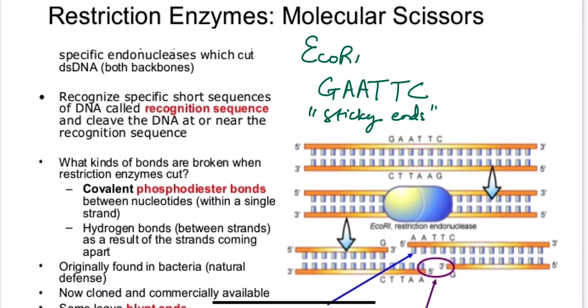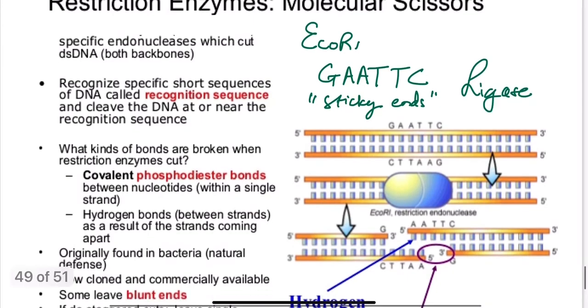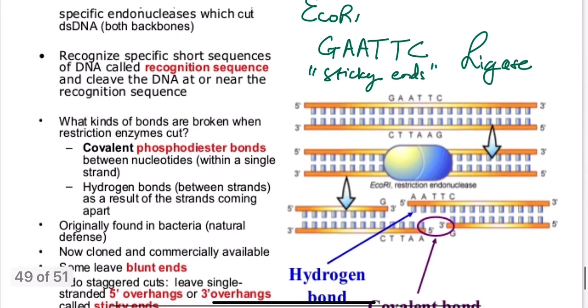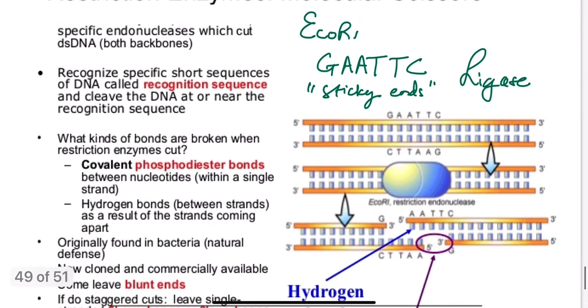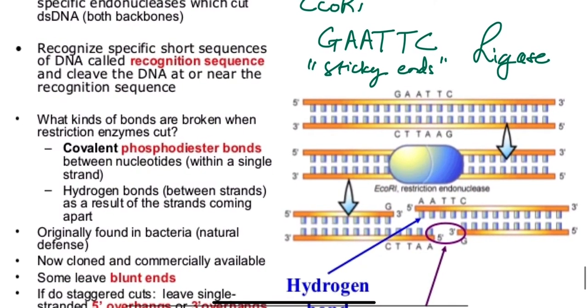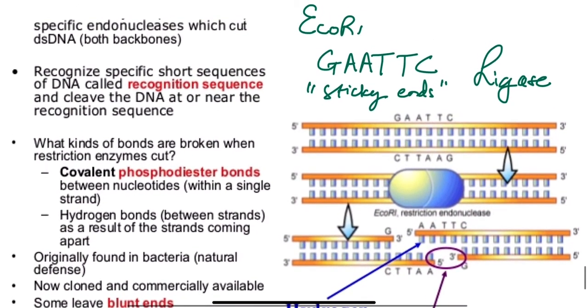We'll then need a type of glue, in the form of a molecular enzyme, namely ligase, to glue these sticky ends together when we join those DNA fragments together again. If we know that this type of restriction enzyme cuts at a specific sequence, we can find useful applications for this in many instances.